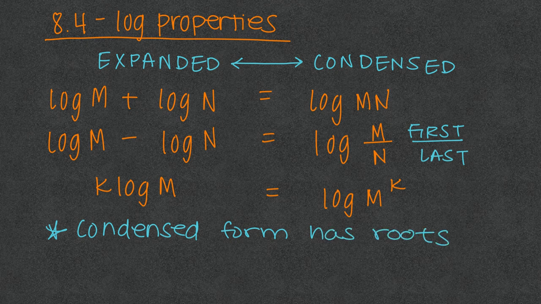So if I had something that was like log of x to the 1/2 power, in fully condensed form, I would write that as log square root x. That's something that I saw on the quiz. If it was 1/3, what would it be? Would it be a square root? No, it would be a cubed root.